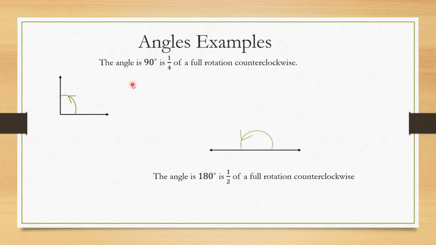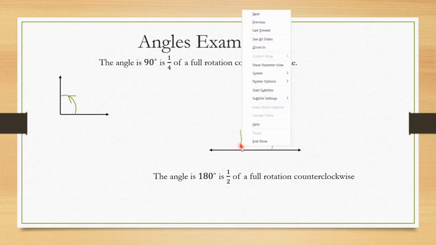And here's some other examples. 90 degrees is 1/4 of a full rotation counterclockwise. So it's going to look something like this. That's what 90 degrees is. 180 degrees is when you rotate and you're facing the opposite way. In other words, you're going to do half a full rotation counterclockwise.